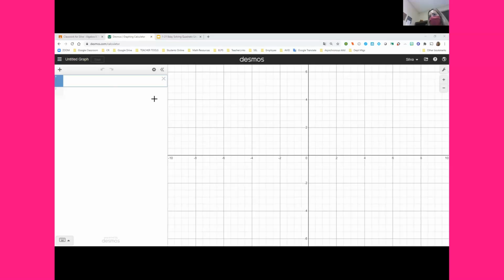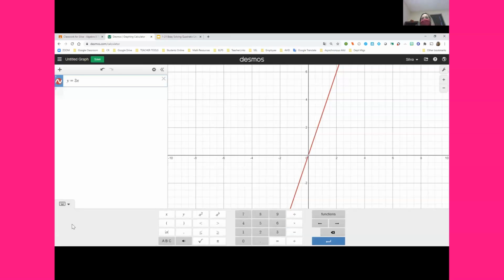Hold on, because I have to share 2 screens. All right, so right here where it has a number 1, all we're going to do is type in that equation. So we're going to say y is equal to 3x, and yes, there are 2 intersections.